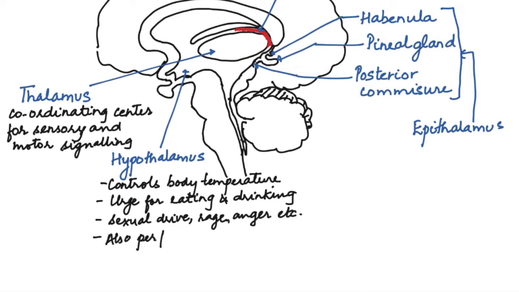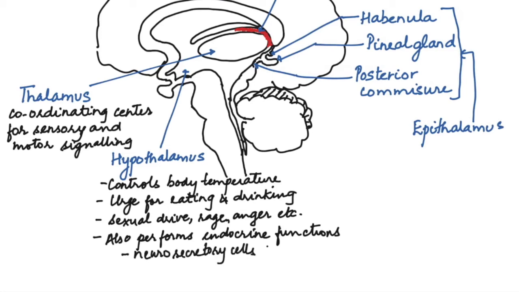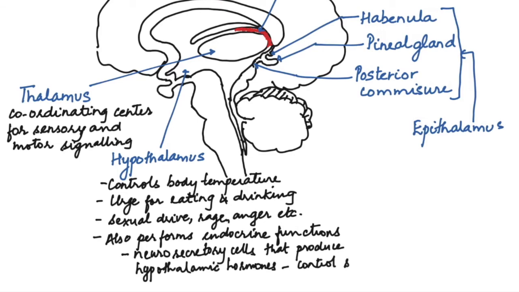It controls the sexual drive, rage, anger, etc. Apart from that, the hypothalamus also controls the pituitary, and it contains neurosecretory cells, and these neurosecretory cells produce the hormones or the neurosecretions that regulate the functioning of the anterior pituitary and also secrete certain hormones like ADH and oxytocin.